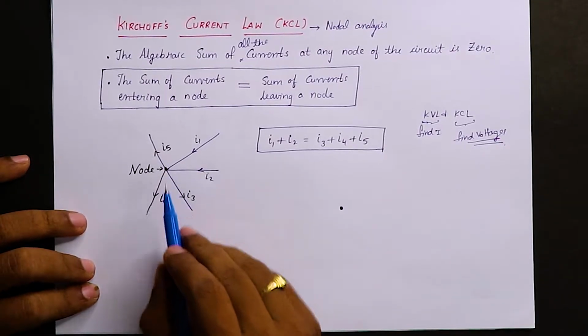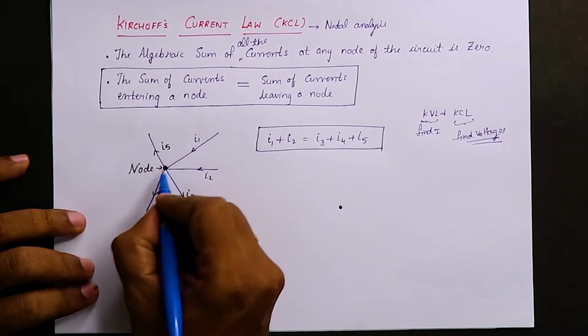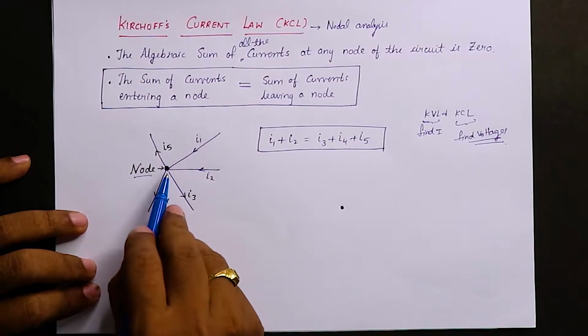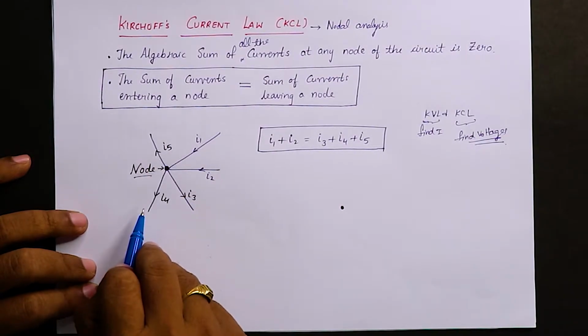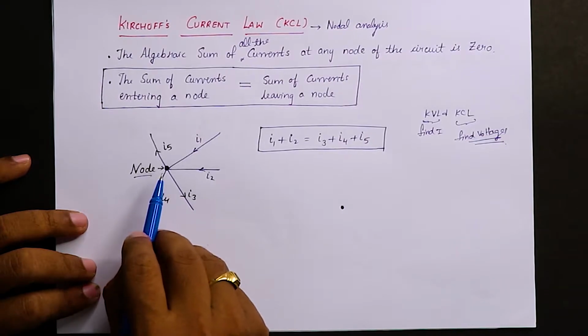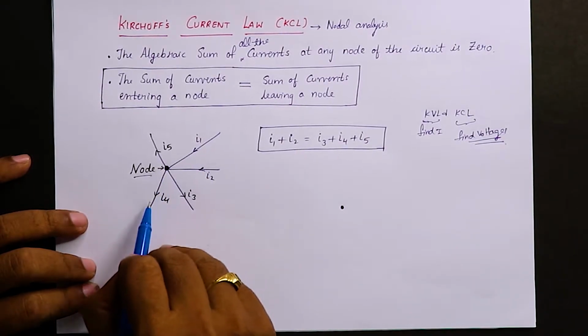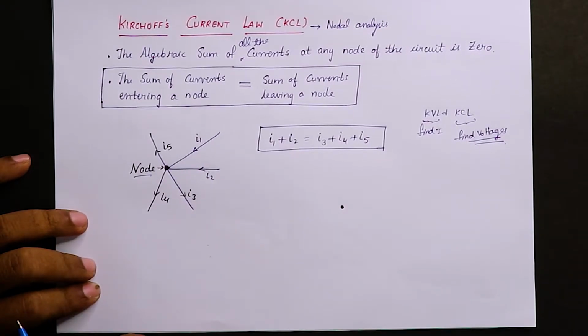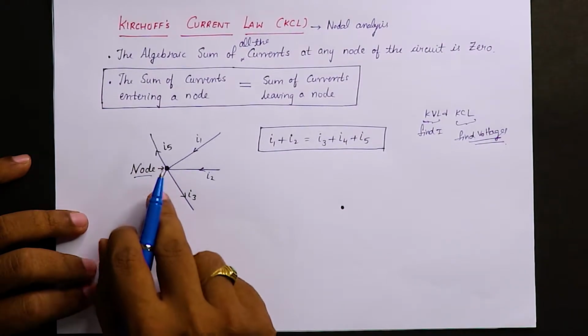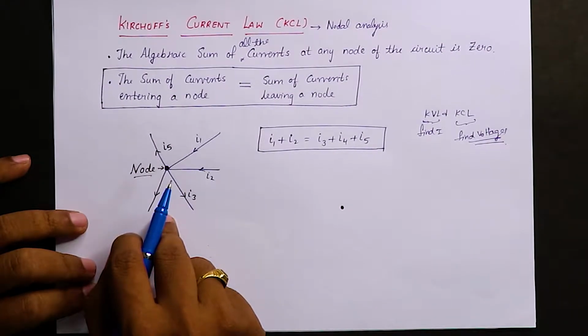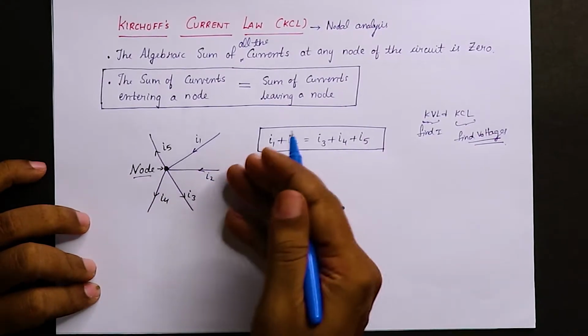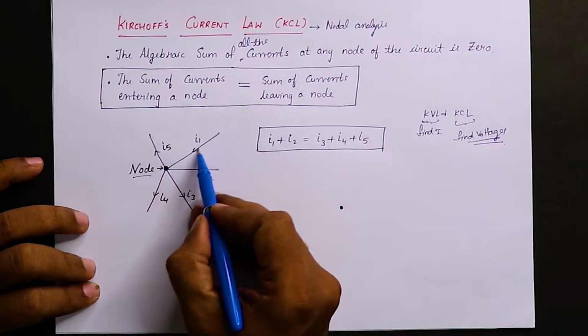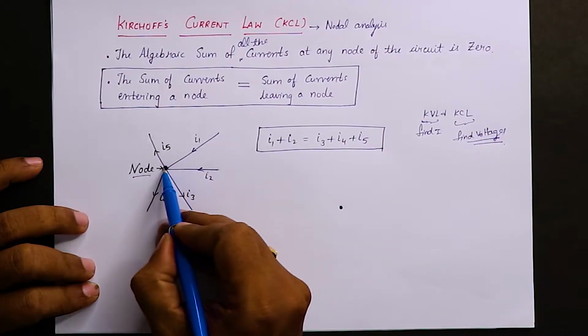You can see here, this is the node. Here we have 5 branches where current is passing through, and the branches are all meeting at one point, and that is called a node. In these 5 branches, how many currents are entering the node? I1 is entering inside, I2 is entering inside.